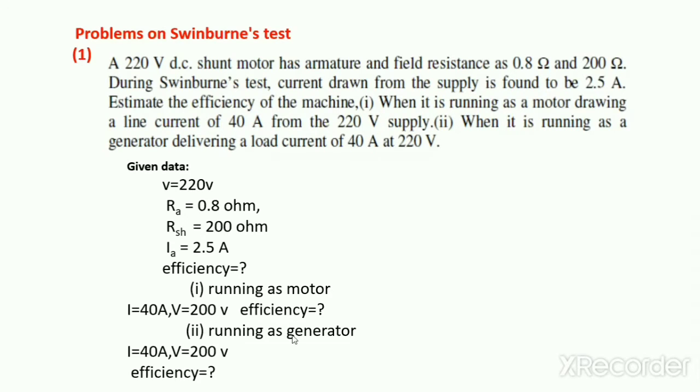Second, when running as a generator, it gives the current and the voltage, and we determine the efficiency by using the Swinburne's test. This is the given data and these are the terms to find.